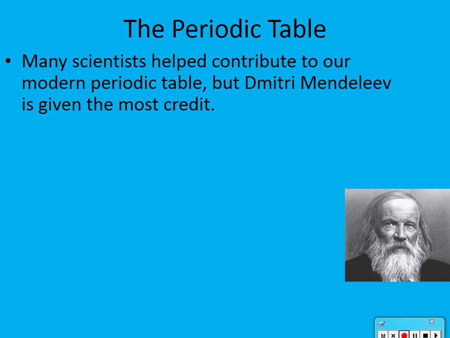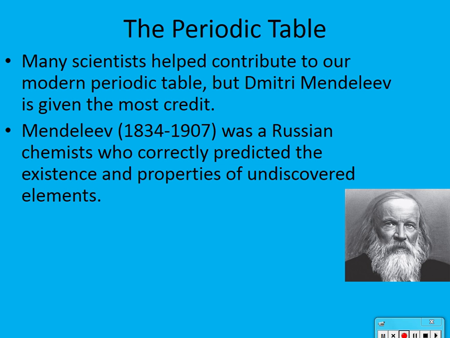Let's start with the periodic table. Many scientists helped contribute to our modern periodic table. This guy right here, Dmitri Mendeleev, is given the most credit. How come he's given the most credit? Well, let's go back to his background. He was a Russian chemist who correctly predicted the existence and properties of undiscovered elements.